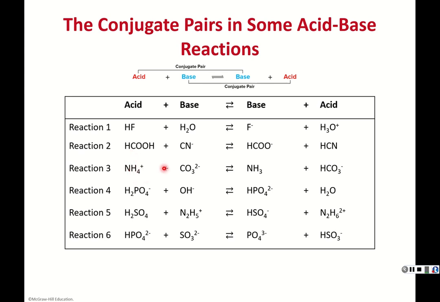It's going to give up a proton, but it starts with a plus charge. So when it loses the plus charge from the proton, it turns neutral. Usually your conjugate base will have a negative charge, but here's one example of a time when it would just be neutral because you're starting with that positive charge. And likewise, the base here, in the reactant part, when it turns into a product, it's just going to have a proton added to it, and thus it's a conjugate acid.